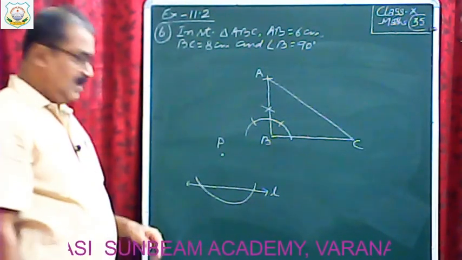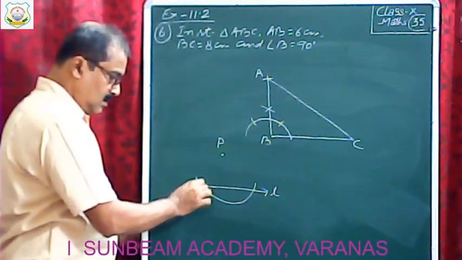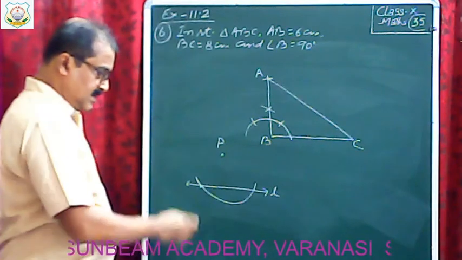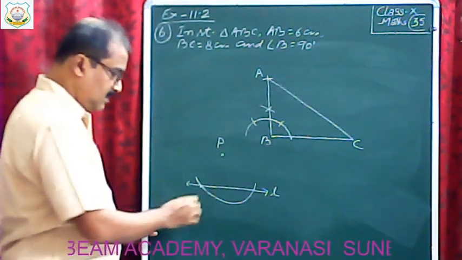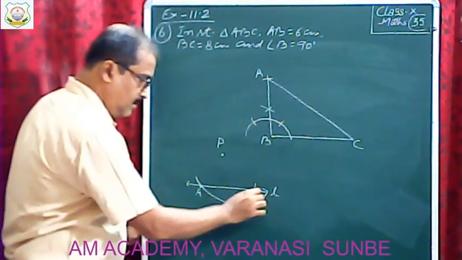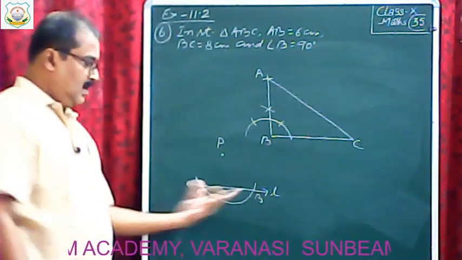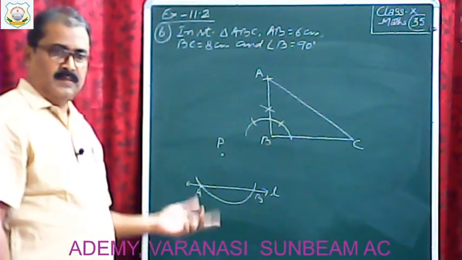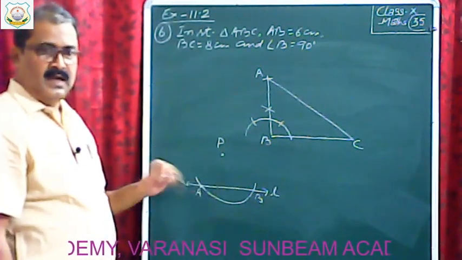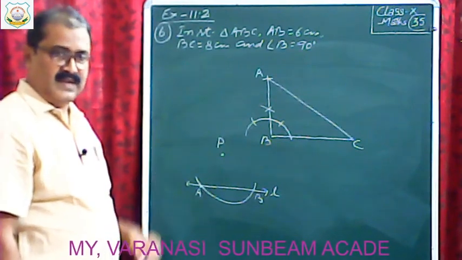Thereafter we get a line segment intersected by the arc. Suppose it is AB. One line segment we get after intersecting the arc at 2 points on the given line.